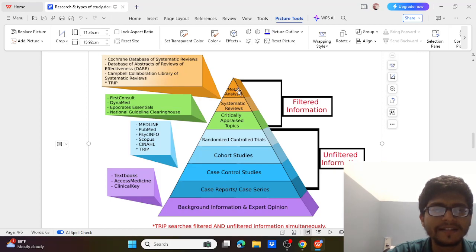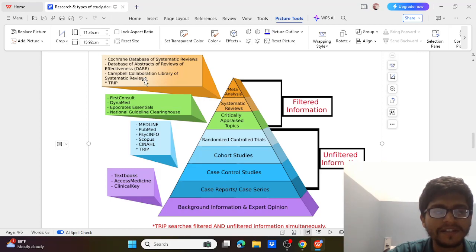Then we have the highest level of data, that is the systematic review and the meta-analysis. So these will be from the Cochrane database of systematic review or database of abstract of review of effectiveness, that is DARE, or Campbell collaboration library of systematic review, or TRIP.